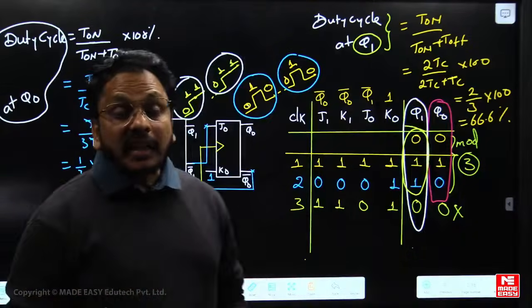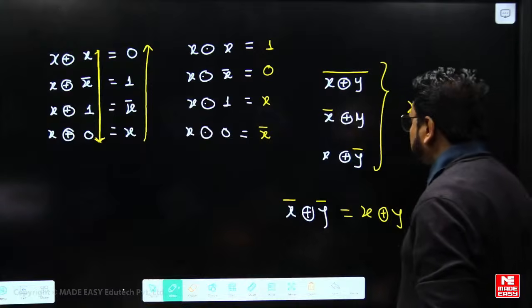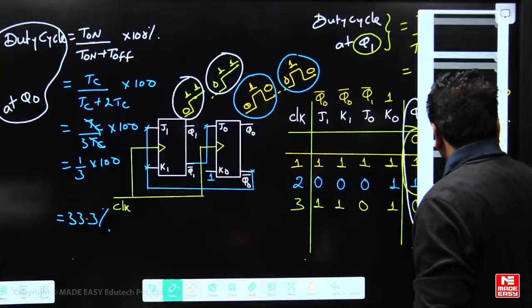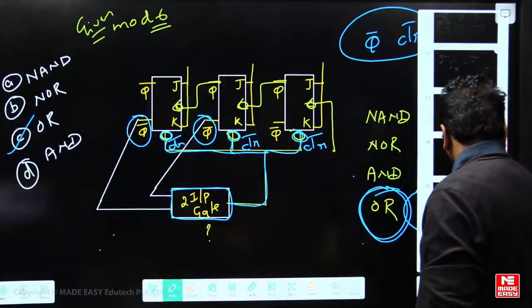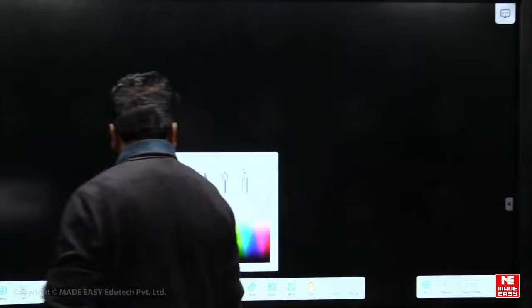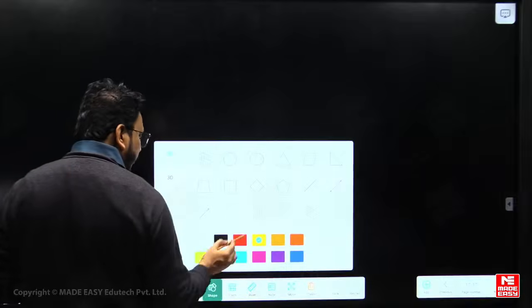Let us handle the designing question also for the synchronous counter. For example, they gave a question here.